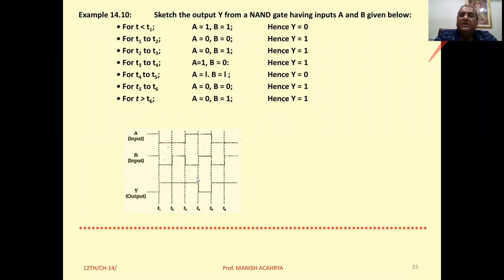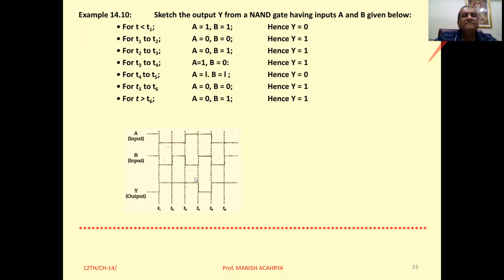Now, the working of an AND gate is like this. If all the inputs are present, then and only then we get output. In any other case, we will not get output. And opposite to it, the working of a NAND gate: if all the inputs are present, then we will not get output. In any other case, we will get output.